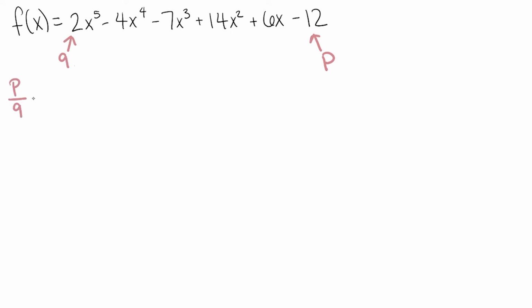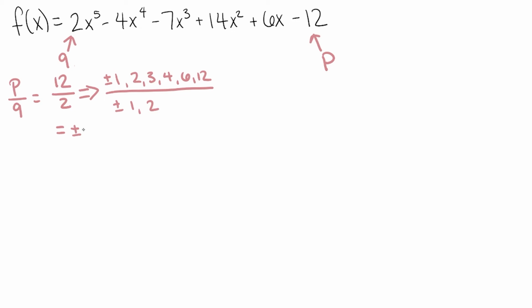So our p over q is 12 over 2, and we need to identify the positive and negative factors of each of these numbers. So this is positive and negative 1 and 12, 2 and 6, 3 and 4. And for 2, it's just positive and negative 1 and 2. So all the possible factors are going to be positive and negative 1, positive and negative 1/2, positive and negative 2. 2 over 2 is 1, so we already have that.